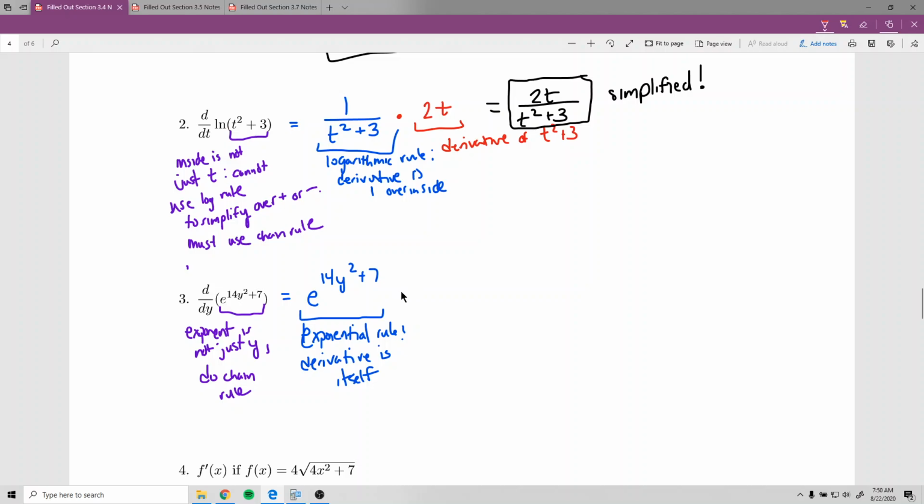And then we multiply by the derivative of the inside. When we think about exponential functions, the inside is the exponent. So the derivative of 14y squared plus 7, which is 28y.